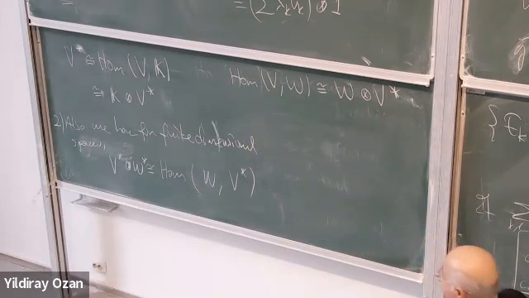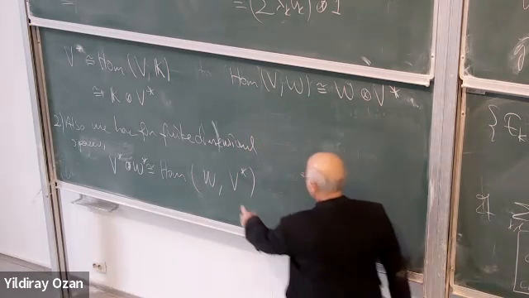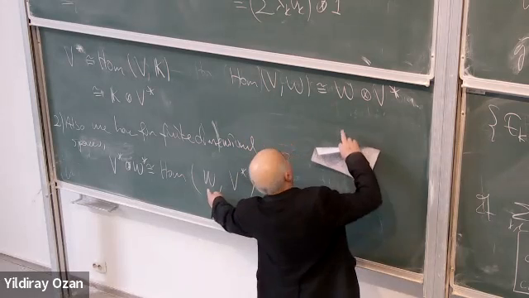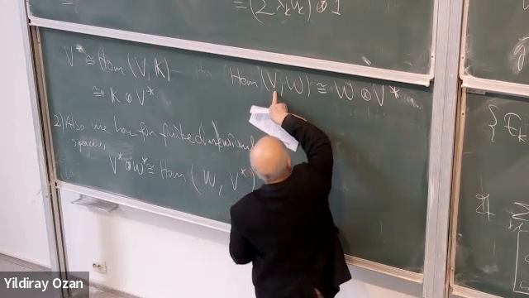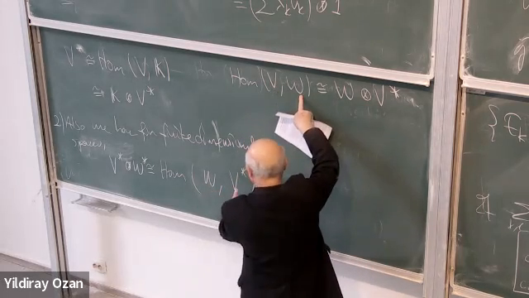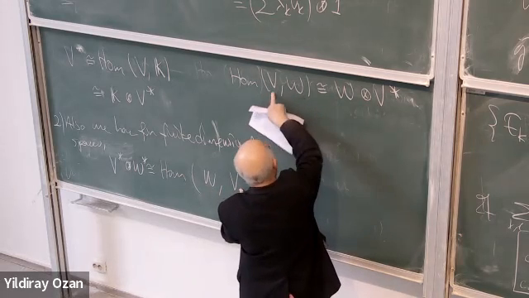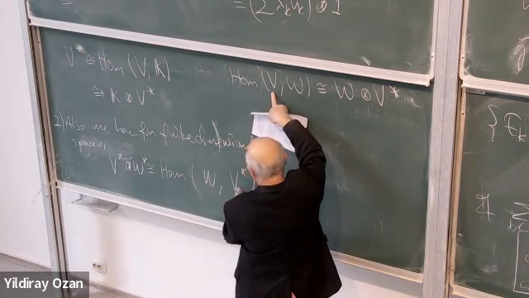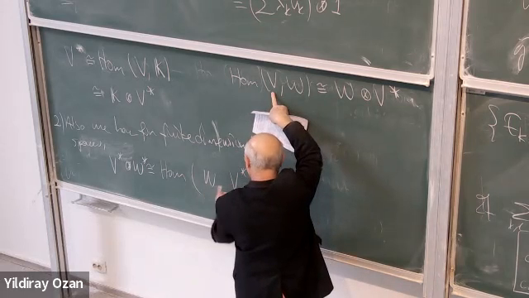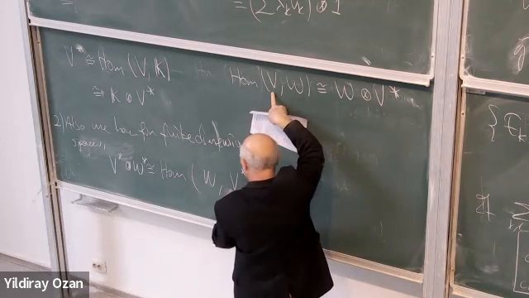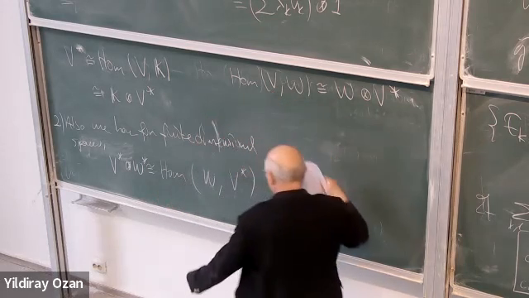I can see this like this because this is just, ikinciyi alıyorum. İlkini dualiyle çarpıyorum. So this is just isomorphic to this one.